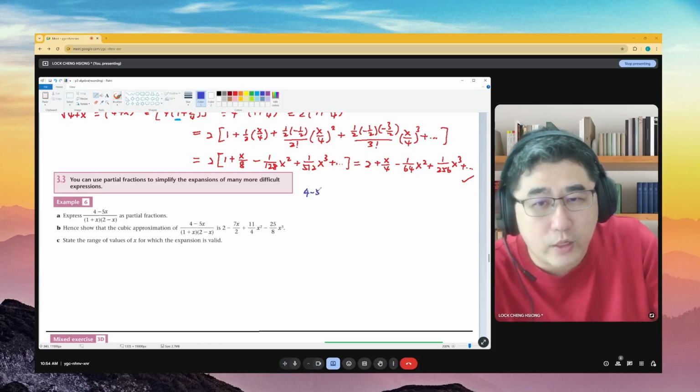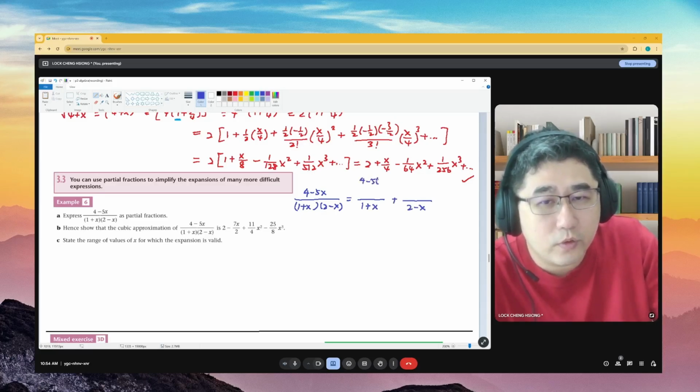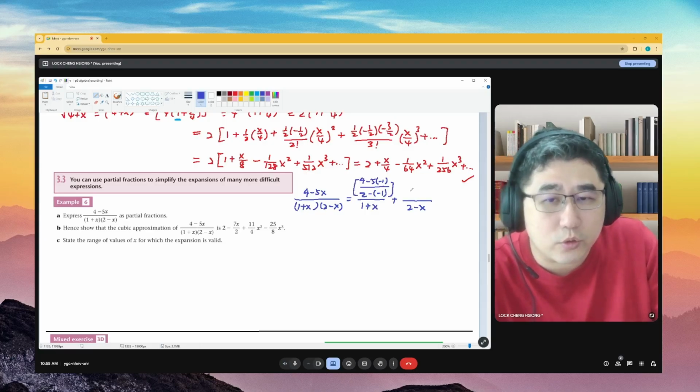4 minus 5x over 1 plus x, 2 minus x, equals to something over 1 plus x, plus something over 2 minus x. So I have 4 minus 5 of minus 1, over 2 minus minus 1. Then for 2 minus x, I have 4 minus 5 of 2, over 1 plus 2.